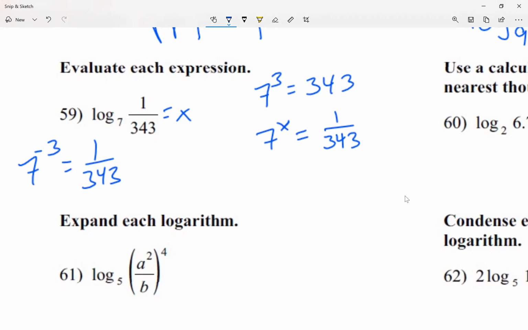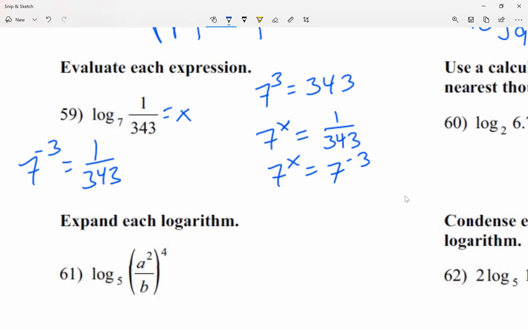Remember, we already talked about negative exponents. What a negative exponent does is it flips my fraction. So instead of being 343, it is 1 over 343. So I know here 7 to the x is equal to 7 to the negative 3. Notice how I rewrote 1 over 343 as 7 to the negative 3.